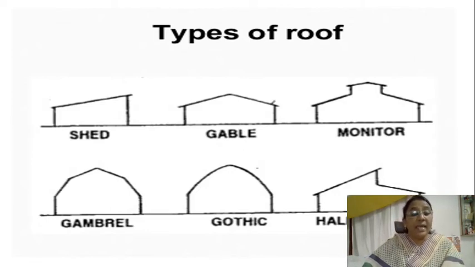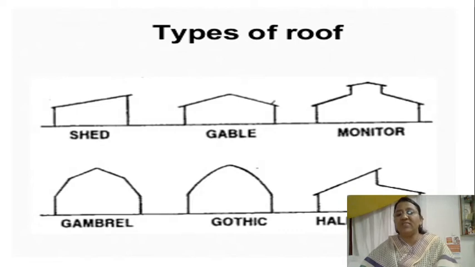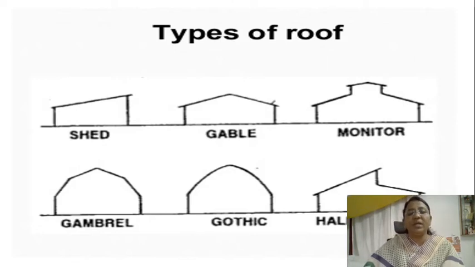And gambrels and gothic, these two are constructions you can see in villages where local birds are reared. And the next one is the half monitor, one side slope and the other side elevated. And these are the different types of roofs depending upon their budget. This type of roofs can be planned.